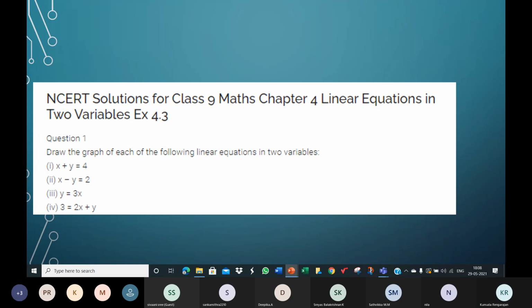Please share. I'm completing the XY table. I'm doing the graph. Okay. Please complete and share the picture.